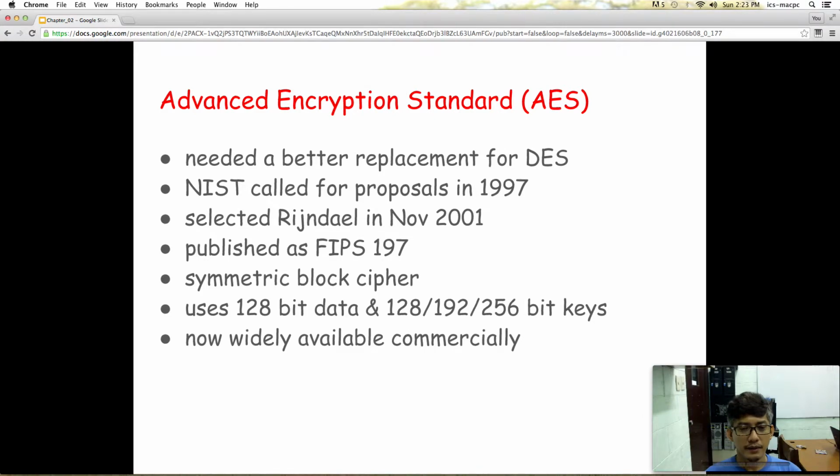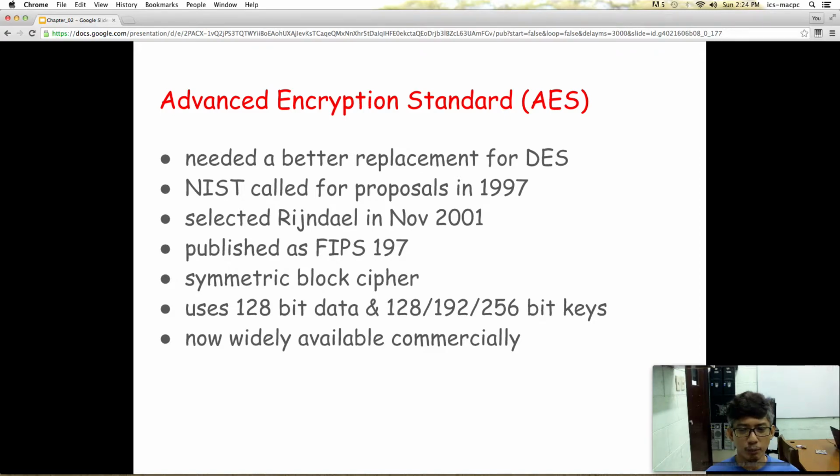The last algorithm is the Advanced Encryption Standard, which is basically a replacement for DES and triple DES. It was selected in 2001, basically from Rijndael, and it was published as a standard as FIPS 197. It's also a symmetric block cipher, and it uses 128 bits for the data block or plain text block, and 128, 192, or 256 bits for the keys.